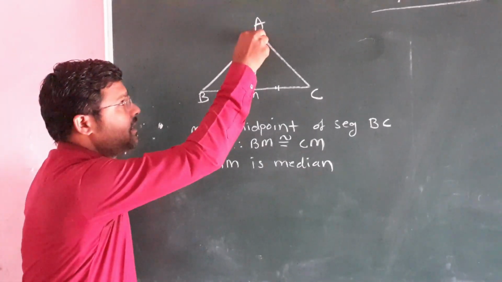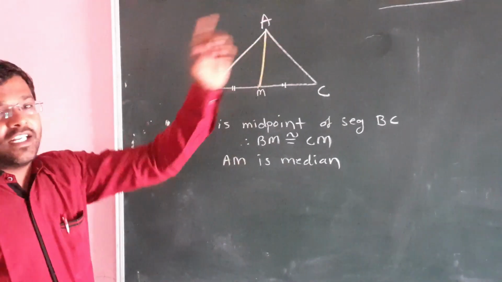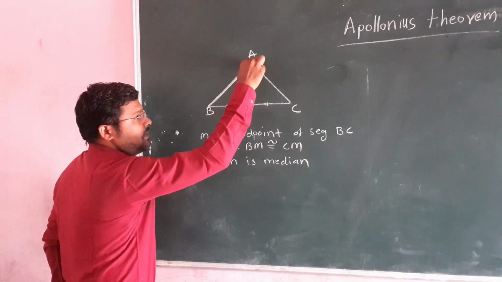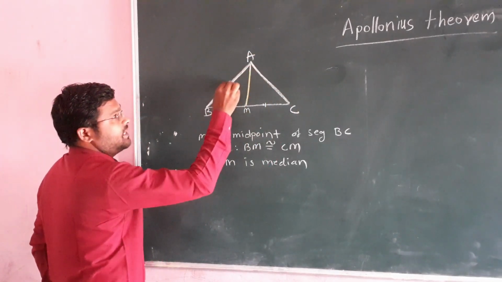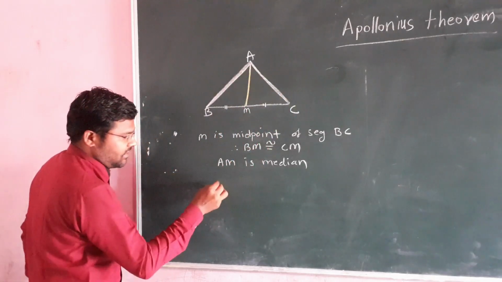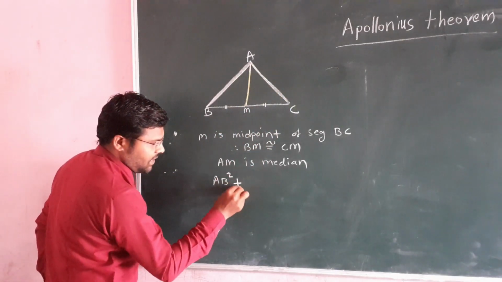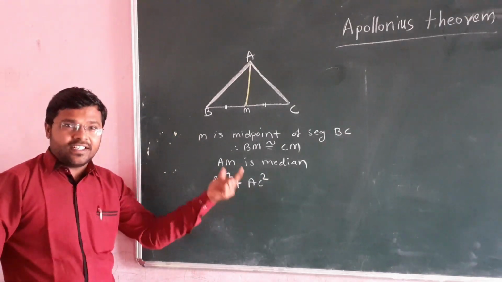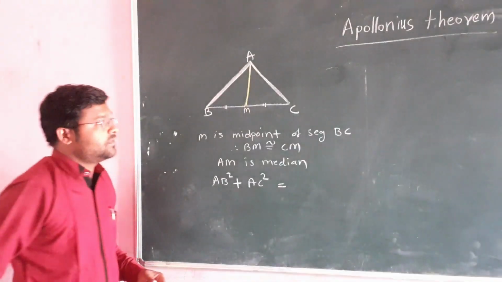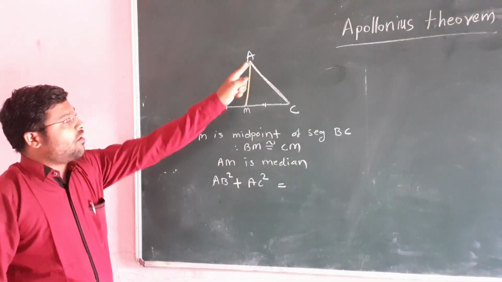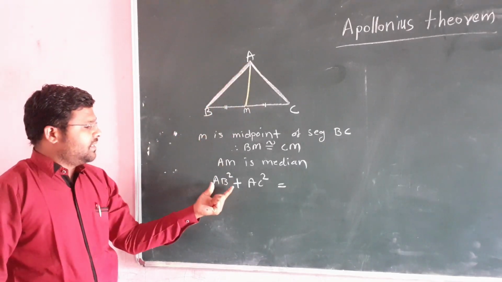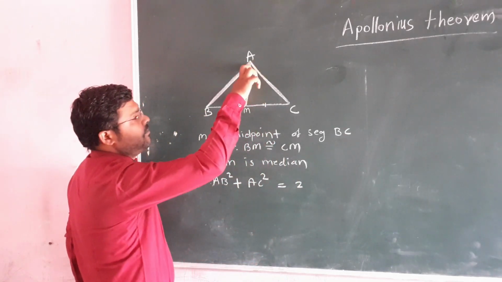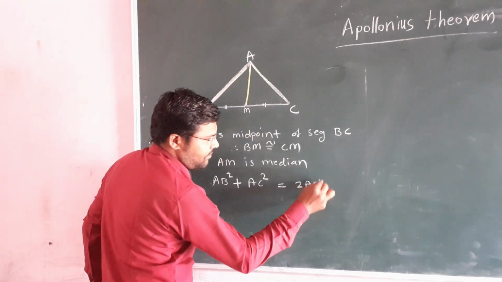Now the Apollonius theorem, what does he say? AB square plus AC square is equal to, AB and AC are the sides on the vertex of the median. That means AB square plus AC square is equal to 2 times median square. The median is AM.